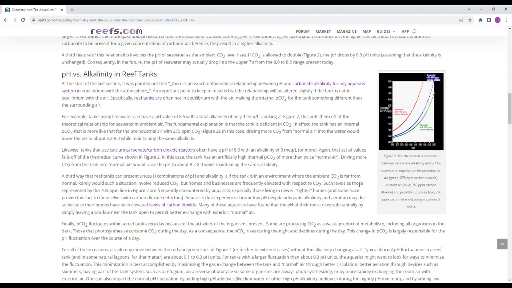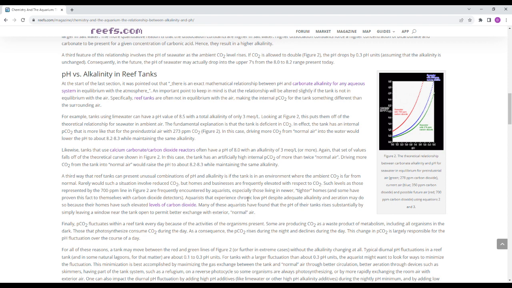Such levels as those represented by the 700 ppm line in figure 2 are frequently encountered by aquarists, especially those living in newer, tighter homes. And some have proven this fact to themselves with carbon dioxide detectors.